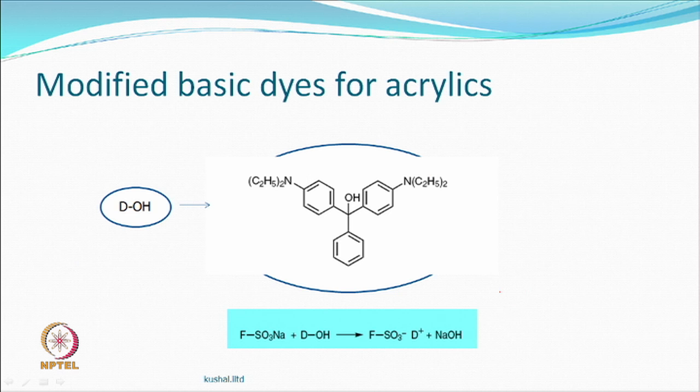But if you have a dye like this, you represent the dye as a dye which has got a hydroxyl group, and all other, this is a triphenyl methane type of a group, and because of this OH being there, it is possible not to have any ion there.